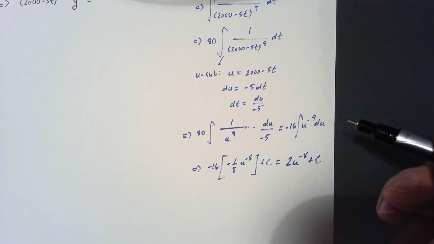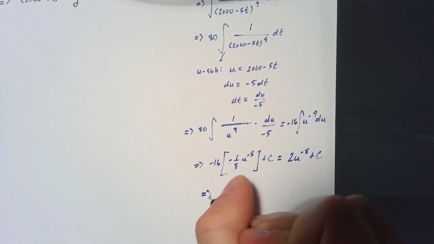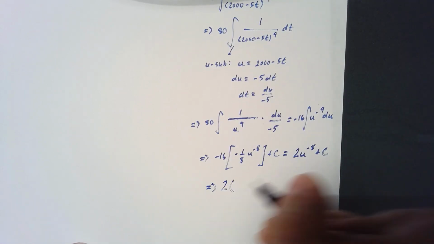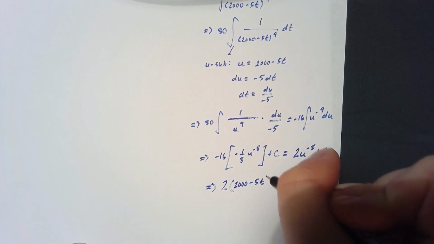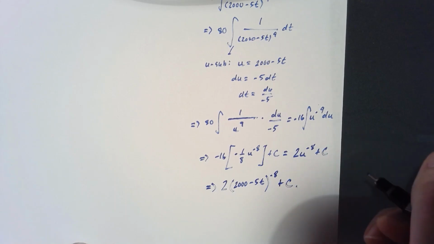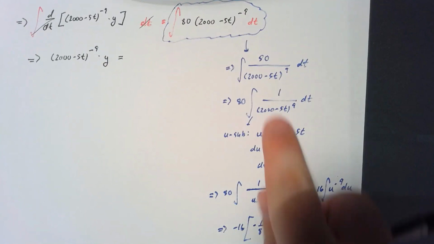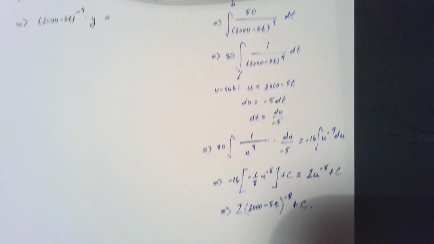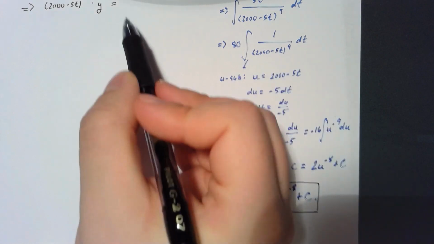So when it's all said and done, this will be 2 times (2000 minus 5t) to the negative 8 plus c. So that is not the solution. That's just the integral of the right side. So that goes here.